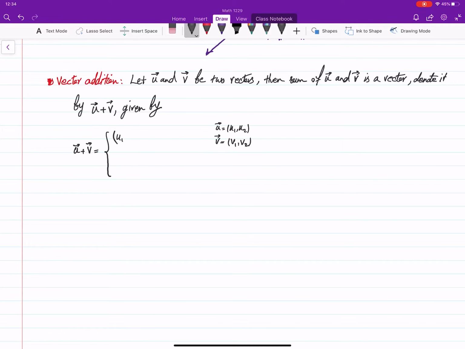The first component is the sum of the first components of u and v, and the second component is the sum of the second components. In the three-dimensional case, the same happens. u1 plus v1 is the first component, u2 plus v2 is the second component, and u3 plus v3 is the third component. This is when we have vectors with three components.